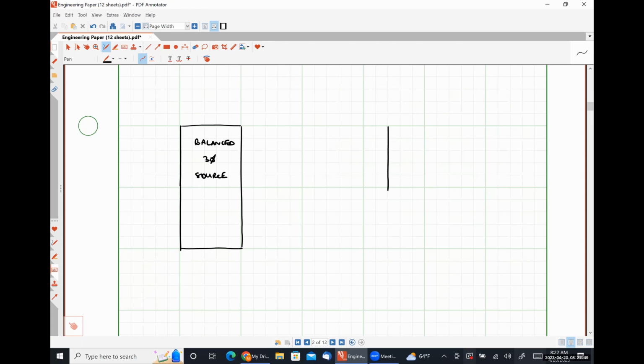And let's put it over here. This will be a 3-phase load. Now, I want to be very clear here. It does not matter if the load is delta or Y, and it does not matter if the load is balanced or unbalanced. Okay.